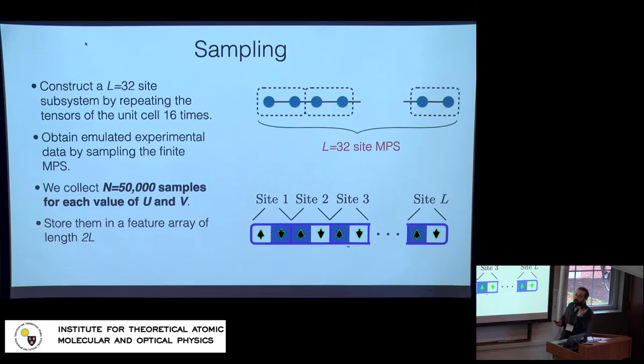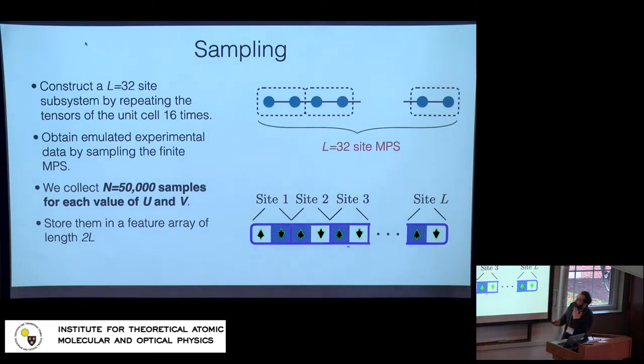So you take your unit cell and repeat the tensors that represent your unit cell as many times as you want. In this case, we wanted to have a 32-site system, so we had to repeat this unit cell 16 times. And you proceed with sampling this MPS just like you sample any other MPS.